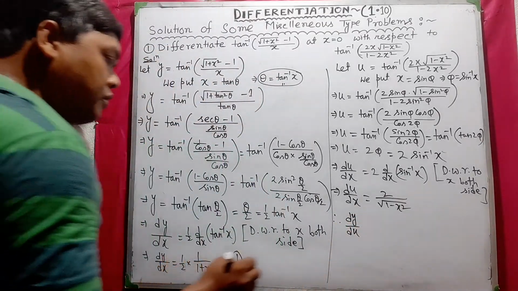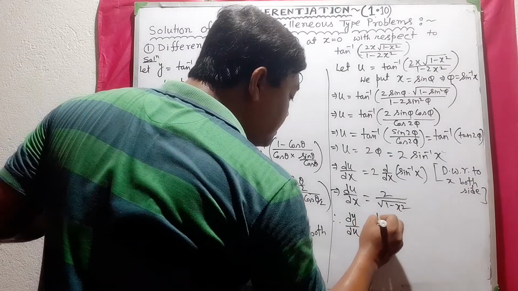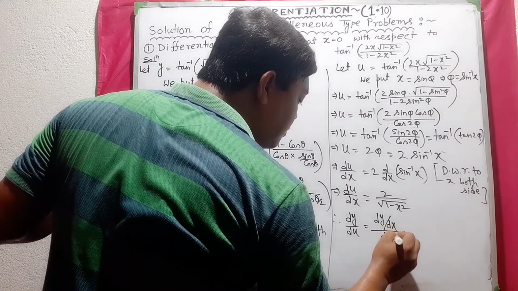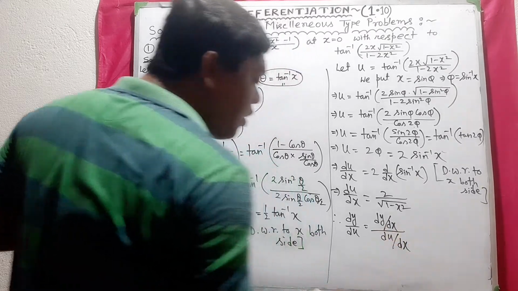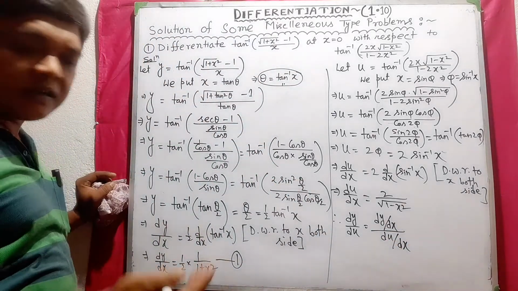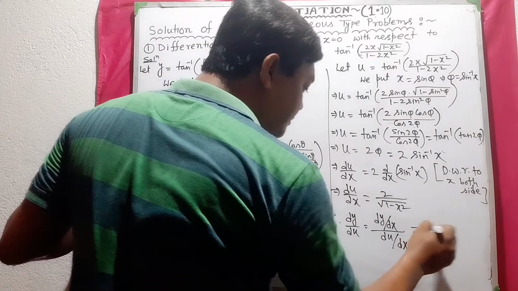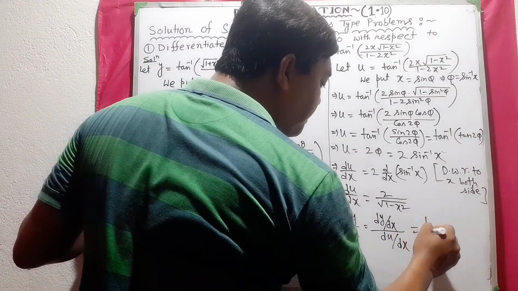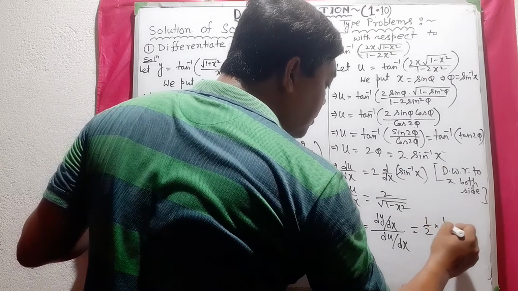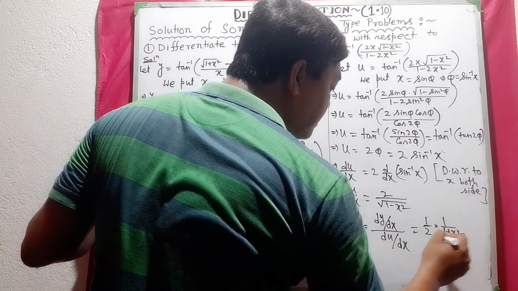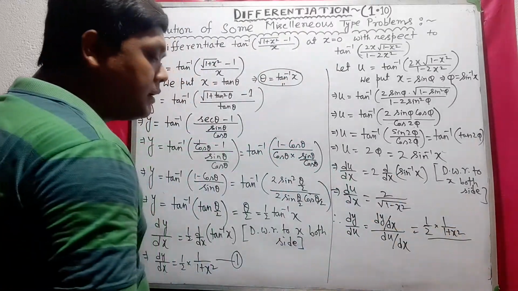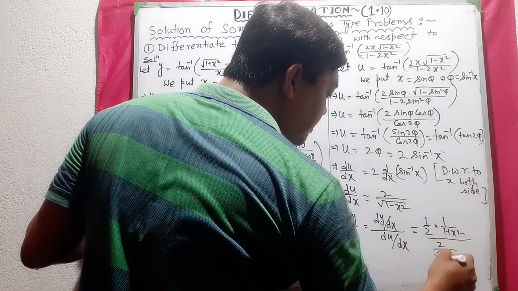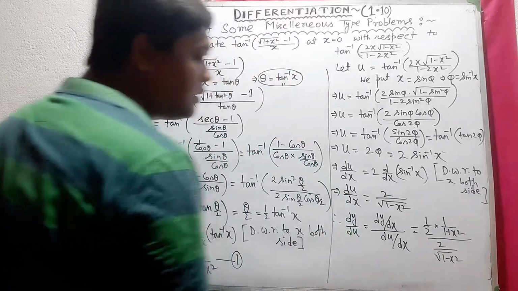dy by du equals (dy/dx) by (du/dx). We have already learned this in the previous class. So put the value of dy/dx, that is half into 1 by 1 plus x square, divided by 2 into square root of 1 minus x square.